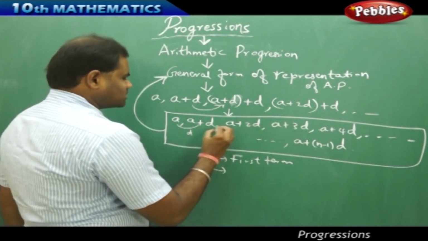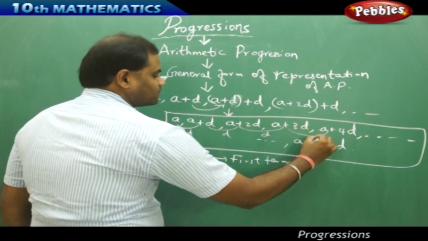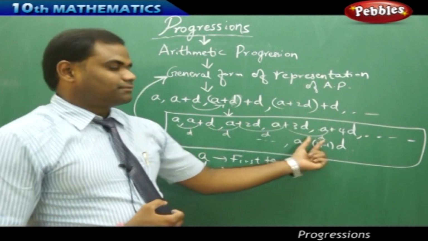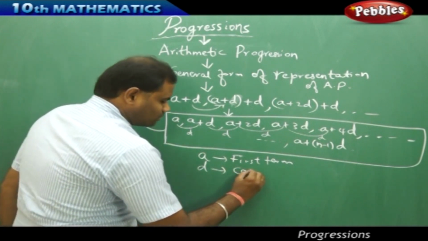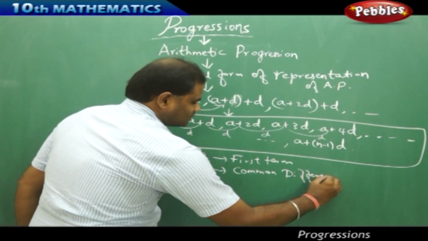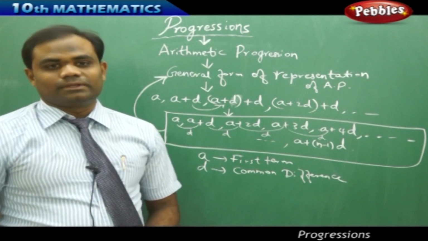The difference of this is d, the difference of this is d, the difference of this is d, and the difference of this is d, so on and so forth. I get a common difference every time. The difference is always the same. Therefore, d is called the common difference for the given arithmetic sequence, is how we identify each of them.